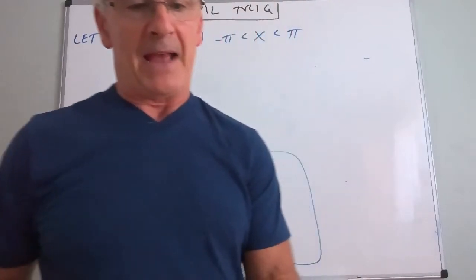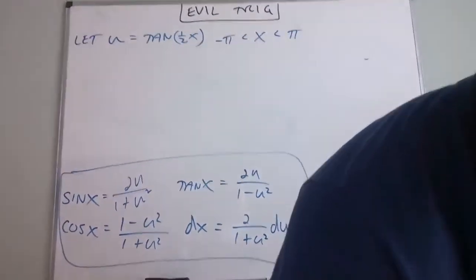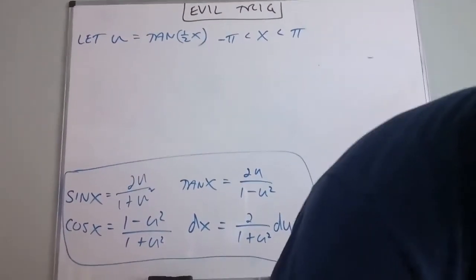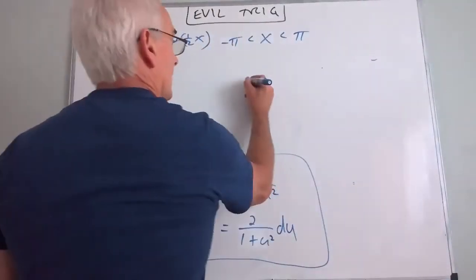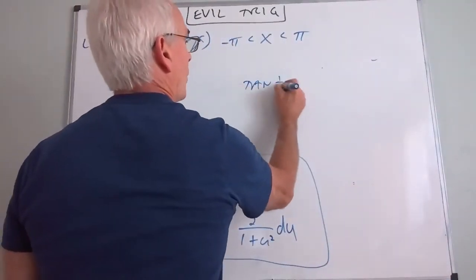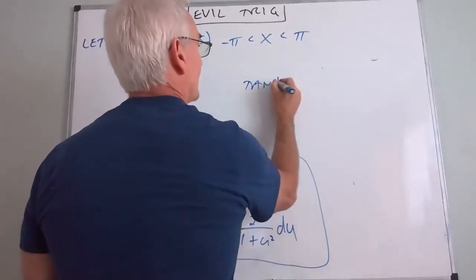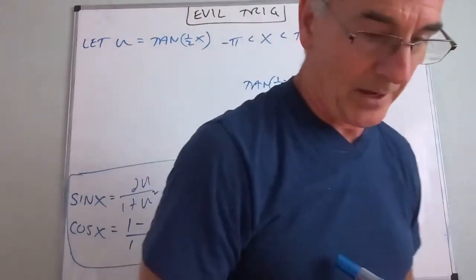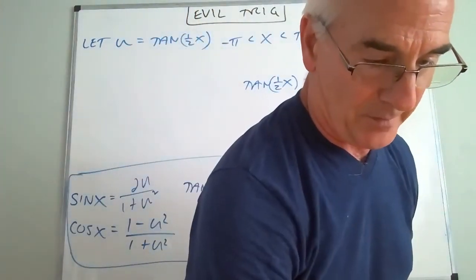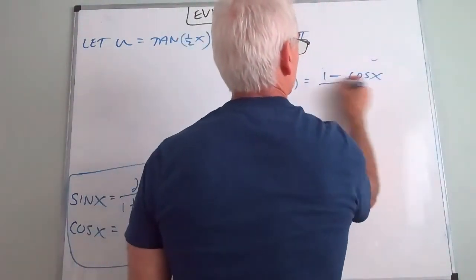Okay, the simple trig identity I want you to use is in every calc book. The tangent of a half x is 1 minus the cosine of x over the sine of x.